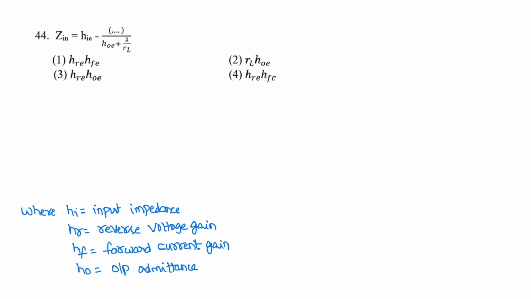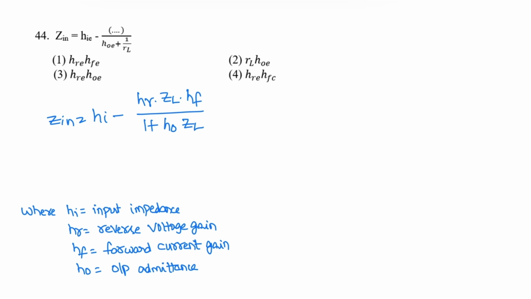Next question. Zin is hie minus numerator by denominator. So the input impedance Zin = hi − hr hf/(1 + ho ZL).